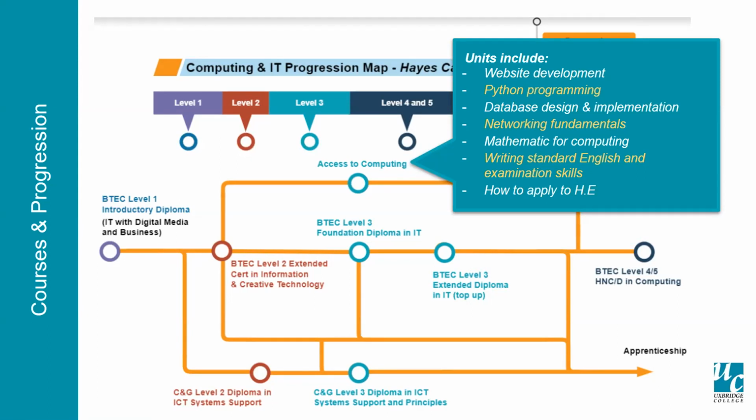On the course itself, we do programming, networking fundamentals, database design and principles, and also English and examination skills. So it helps you to develop your English skills in a way that will enable you to improve your academic writing skills, which will help you to be successful at university.